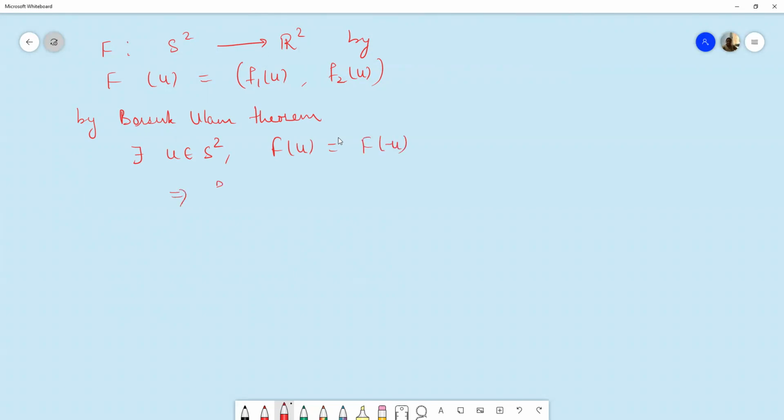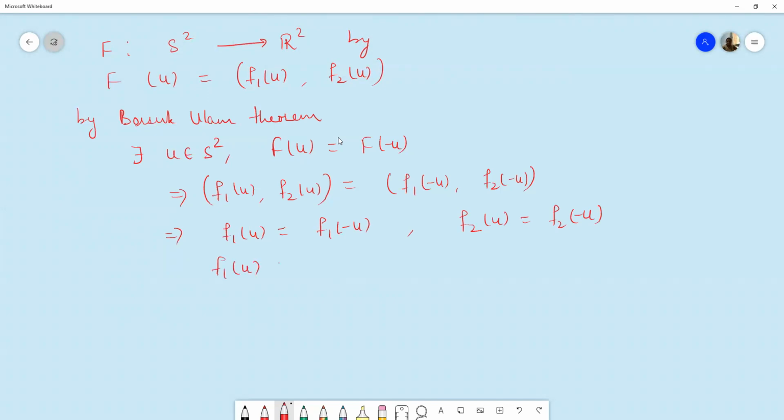It means f1U, f2U is equal to f1 minus U, f2 minus U. So f1U is equal to f1 minus U, and secondly f2U is equal to f2 minus U. But since we have already said that f1U and f1 minus U sum to A1, and there exists a point U for which f1U equals f1 minus U, for this point U, f1U is half of A1, and f2U similarly is half of A2.